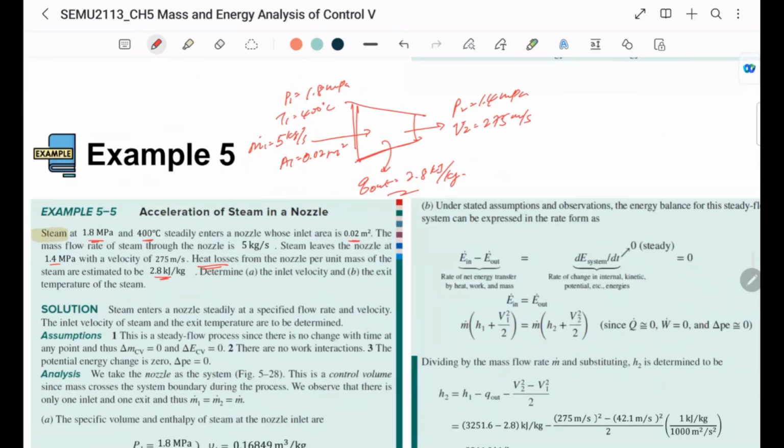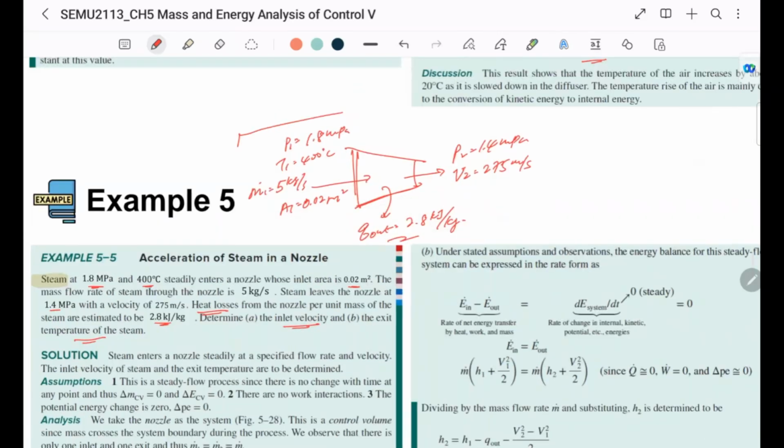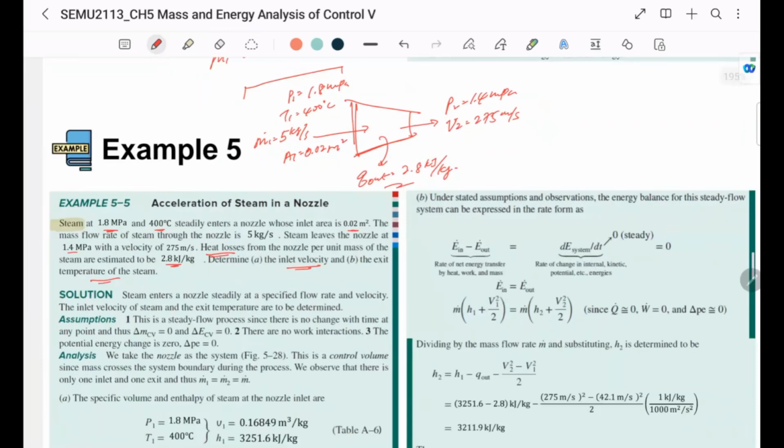A, determine the inlet velocity. B, exit temperature of the steam. So more or less like earlier. To find out the velocity, here we can still use this equation. The difference here is density.